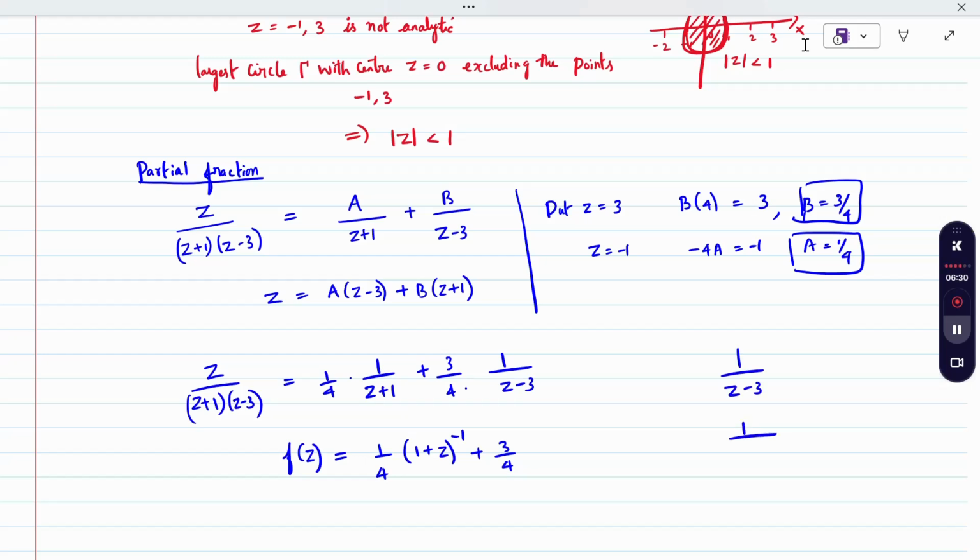I have to write 1 minus z by 3 form, so minus 3 I will take outside, and a minus symbol will come here. So minus 1 by 3 into this, I can write in the numerator as (1 minus z by 3) the whole power minus 1. Like this, use it, right?